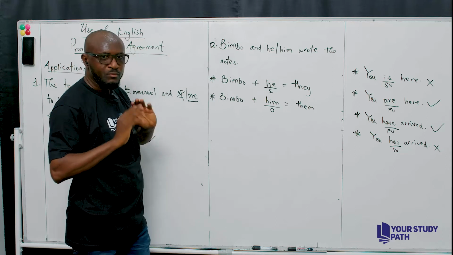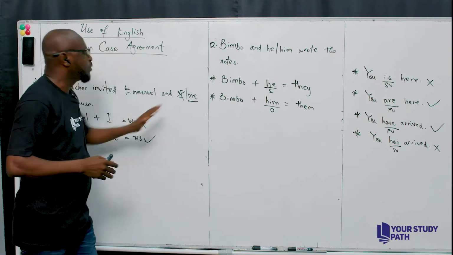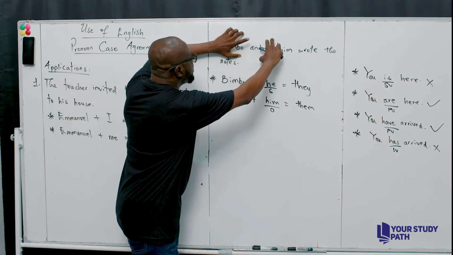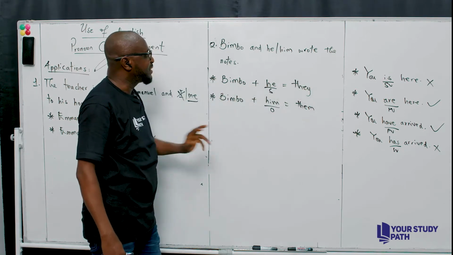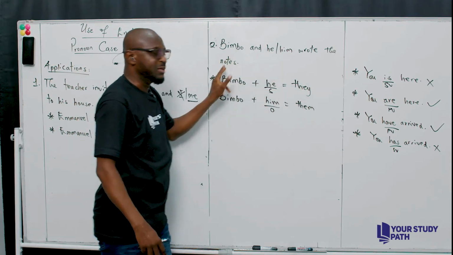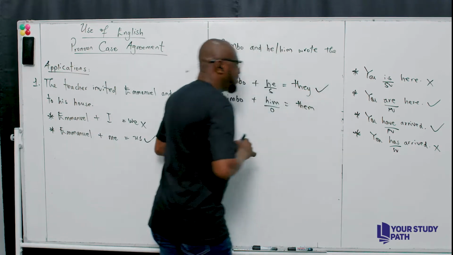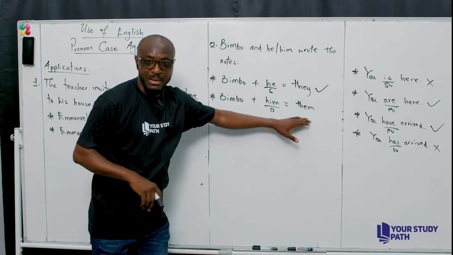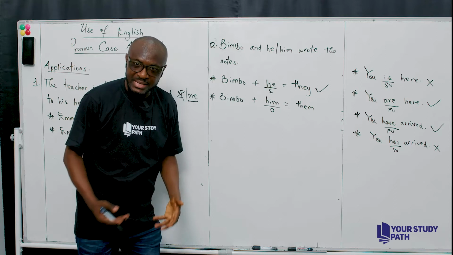Now, look at this. The same thing we did here, we'll do here. Substitute Bimbo and he for they. What do we have? We have they wrote the notes. Is that correct? Yes. Now substitute Bimbo and him for them. What do we have? We have them wrote the notes. Is that correct?